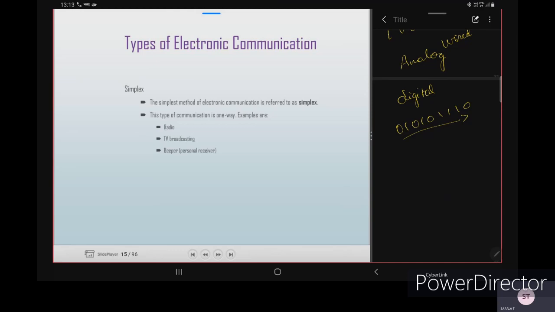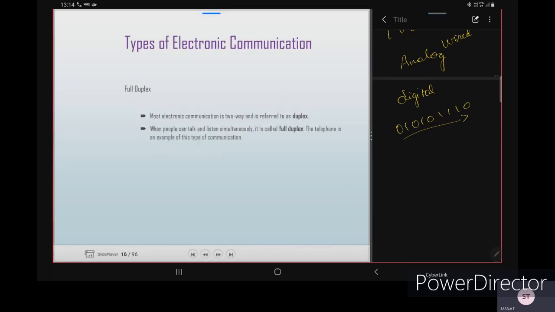TV broadcasting is also one way, because the signals come from the satellite and are received by your set-top box or TV receiver, and you can't reply back with any information through your TV set-top box. And a beeper, a personal receiver like your pager, where a beep sound comes, is also one-way communication.